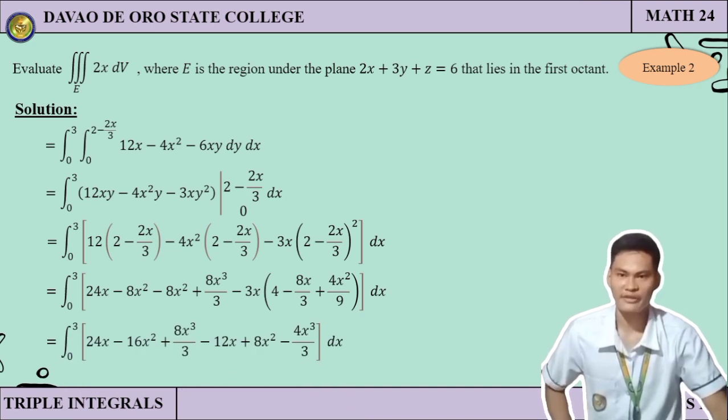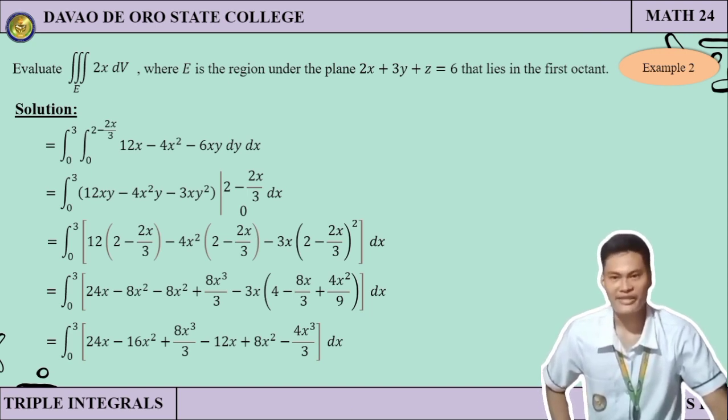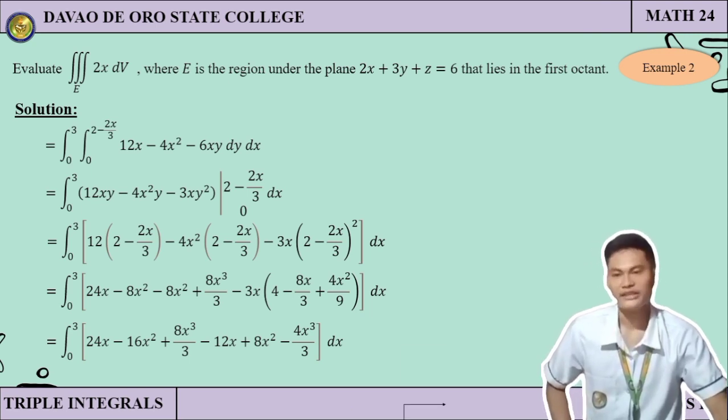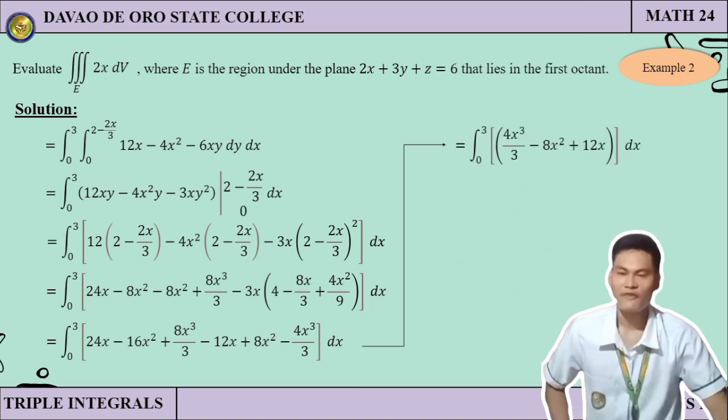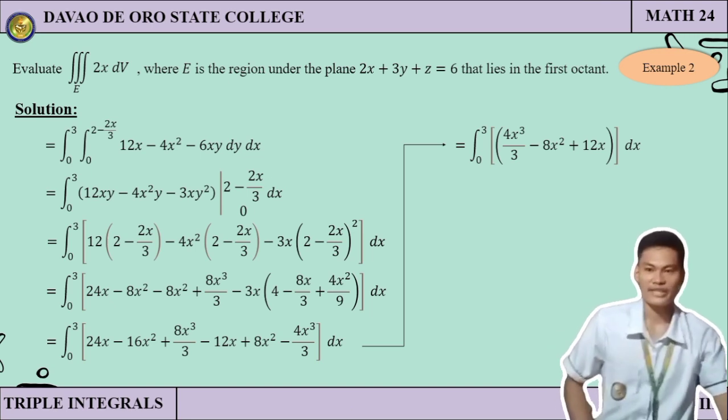We have 24x minus 6x squared plus 8x cubed over 3 minus 12x plus 8x squared minus 4x cubed over 3 with respect to x with a limit of 0 to positive 3. Then we have the integral of 4x cubed over 3 minus 8x squared plus 12x with respect to x with the lower limit of 0 and the upper limit of 3.